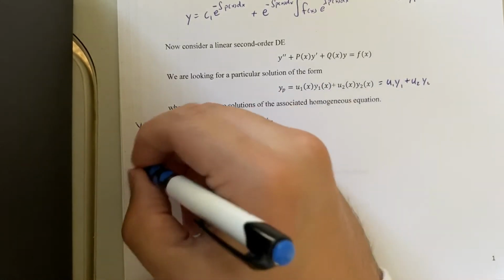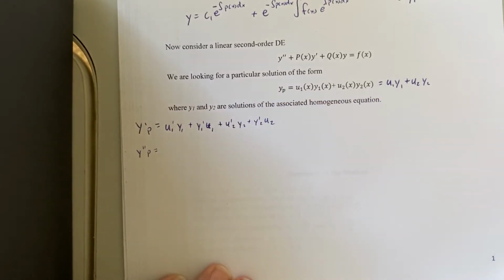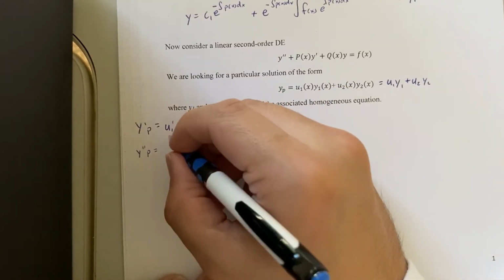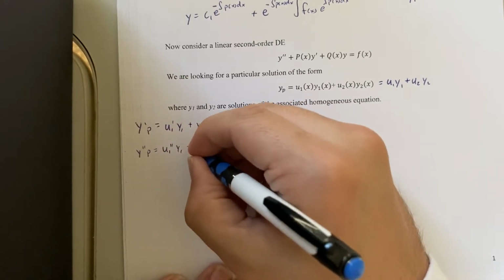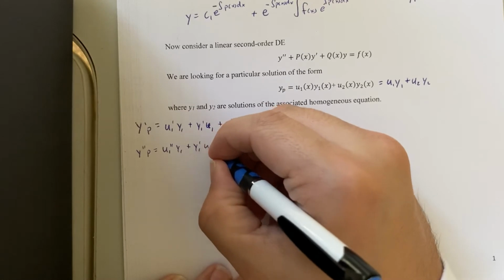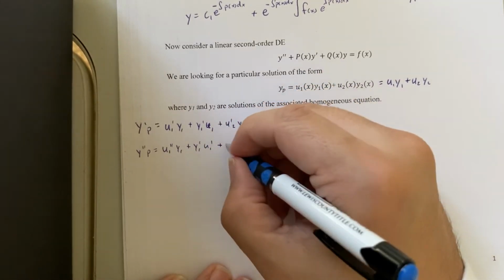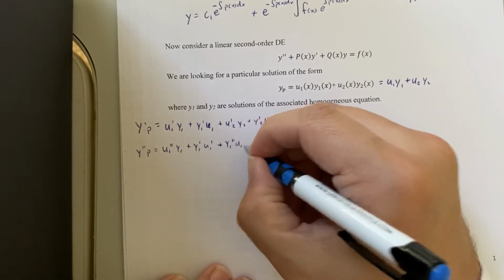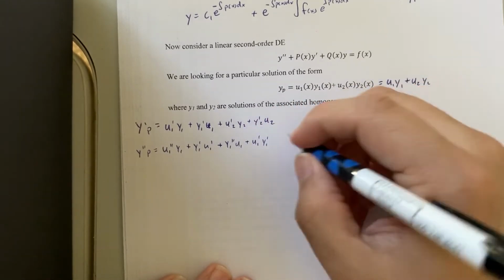We took the first derivative. Now we want to take the second derivative, so we're going to do y double prime of p. The derivative of u sub 1 prime is u sub 1 double prime times y sub 1, plus the derivative of y sub 1, which is y sub 1 prime times u sub 1 prime. Plus, now let's take the derivative of this one: y sub 1 double prime times u sub 1 plus u sub 1 prime times y sub 1 prime.